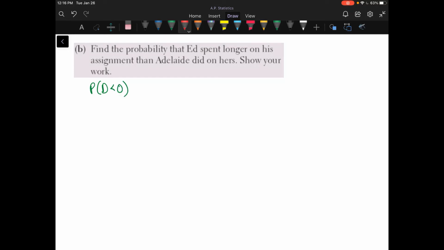This means that Ed takes longer, because A minus E would be less than 0. For this to happen, E needs to be bigger than A. So this is what we're looking for.